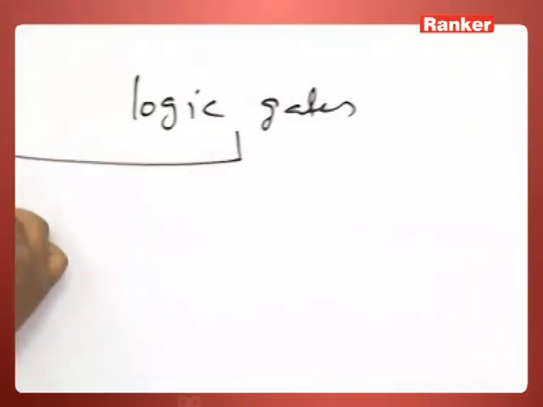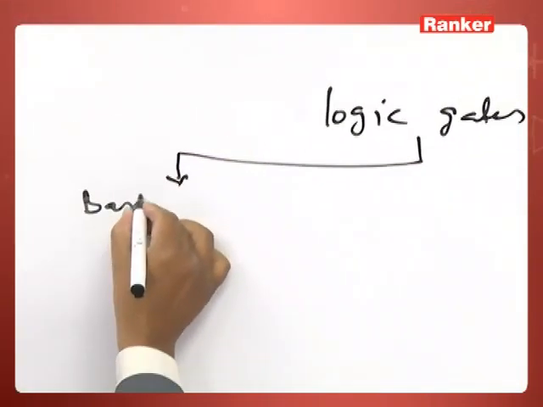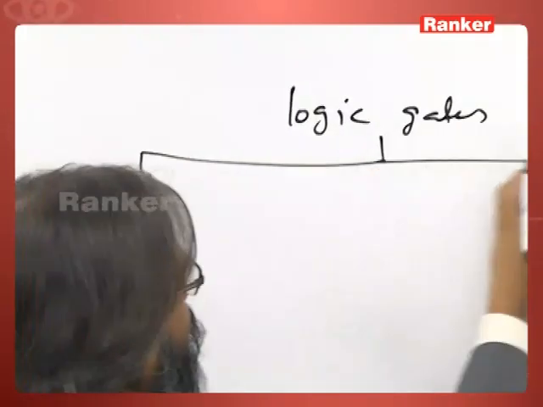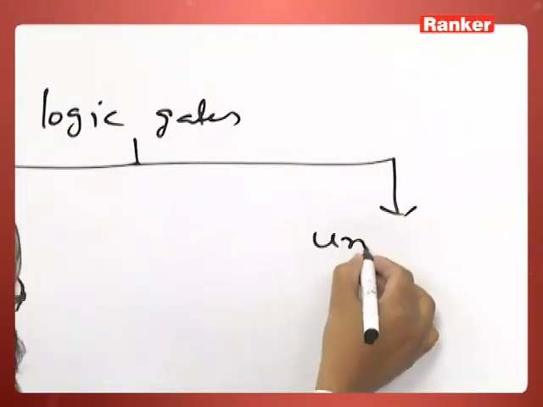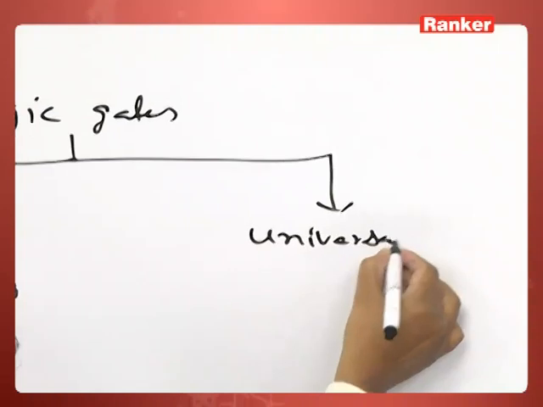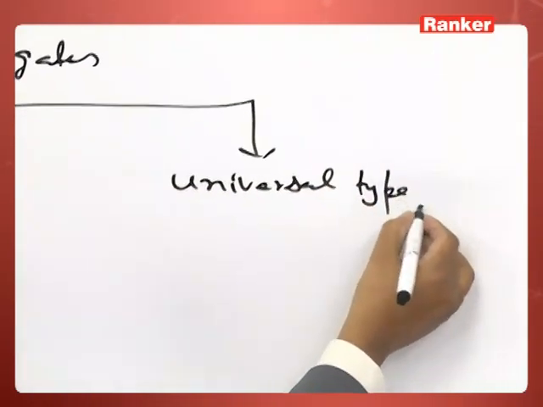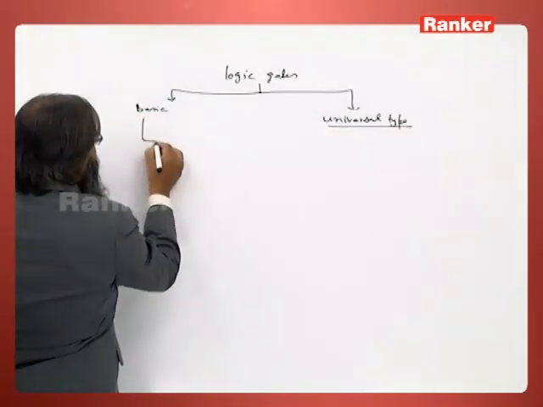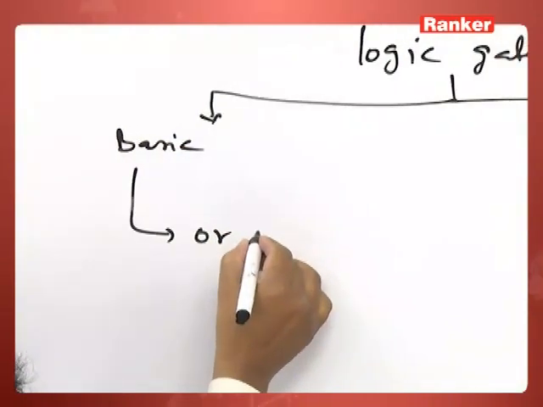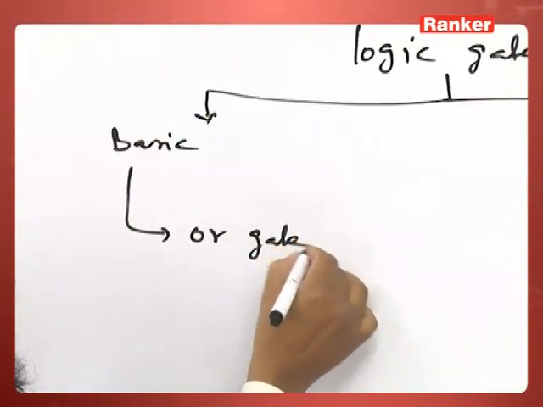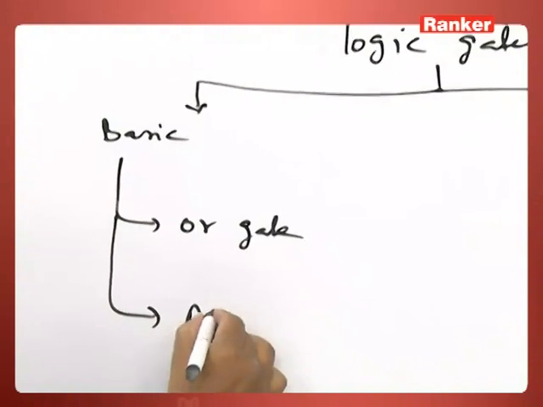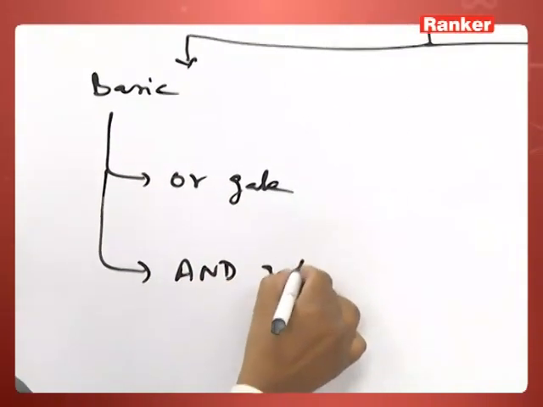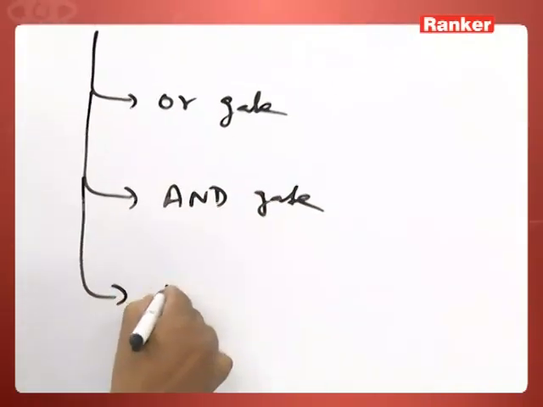They are basic types and universal types. The basic types are the OR gate, another one the AND gate, and the next one the NOT gate.